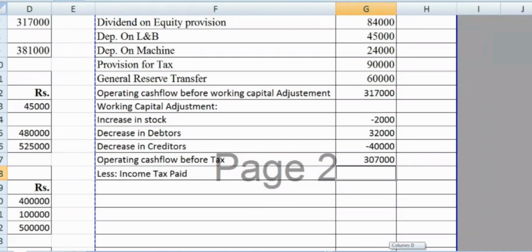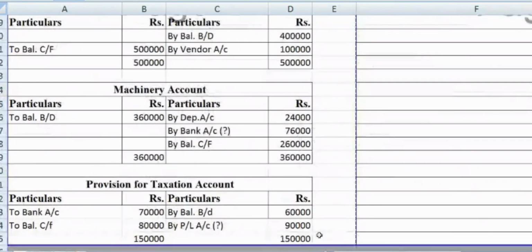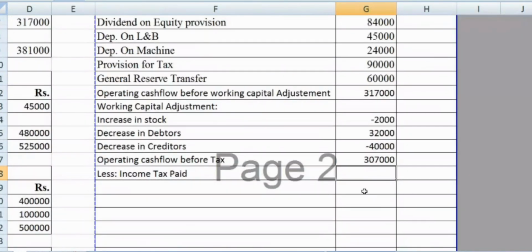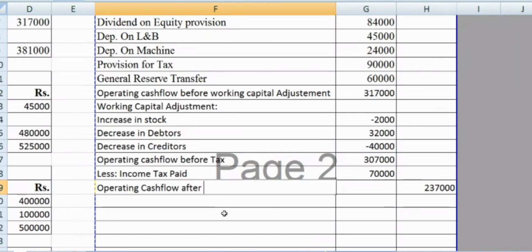As we have already calculated this side, income tax paid is 70,000. So 70,000 is the income tax. Now what is the final answer? It's 237, correct? Yes sir. This is known as operating cash flow after tax, correct?